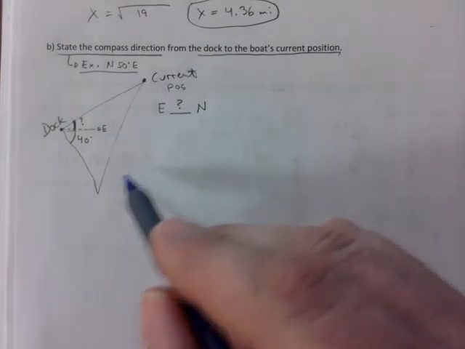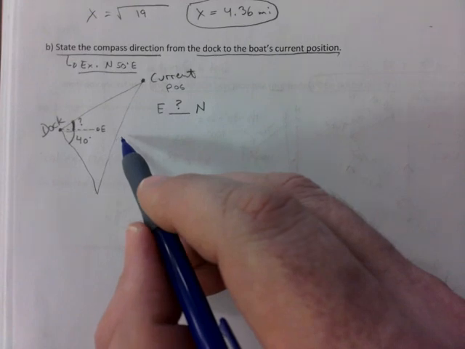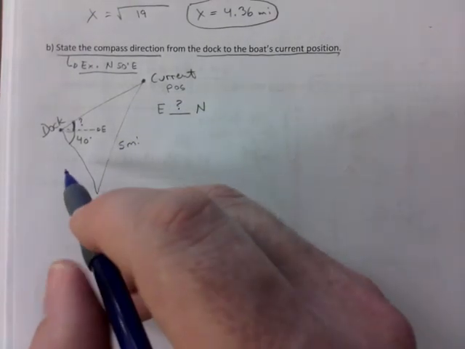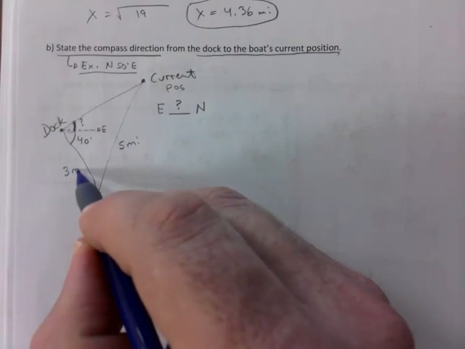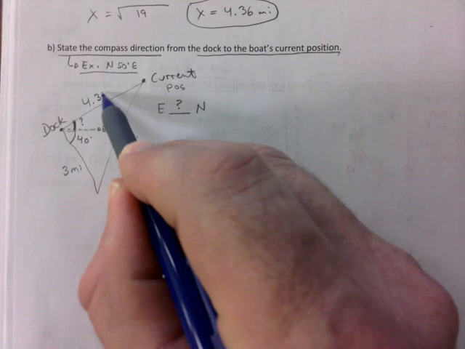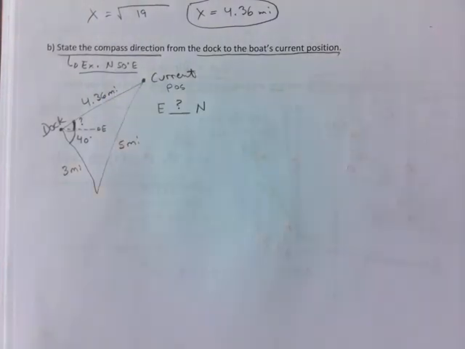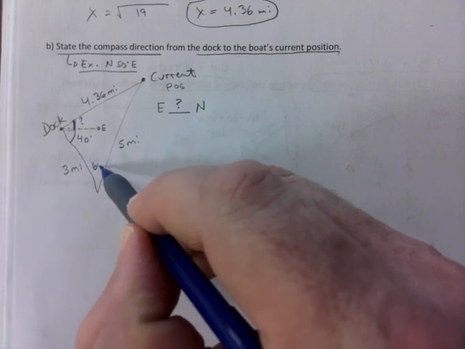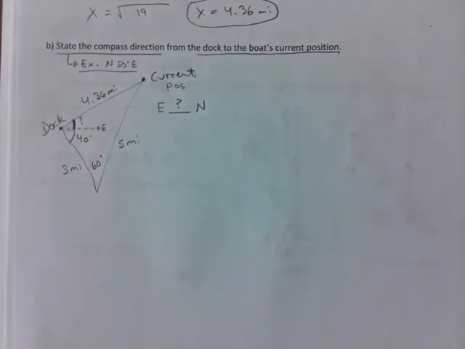And can I ask you to fill this in here? So I'm going to say that we know that this is 5 miles. We know that this is 3 miles. We now know that this is 4.336 miles. We know that this is 60 degrees. So what law could we use?